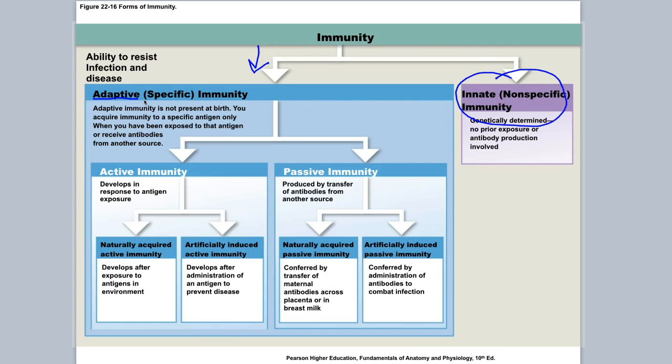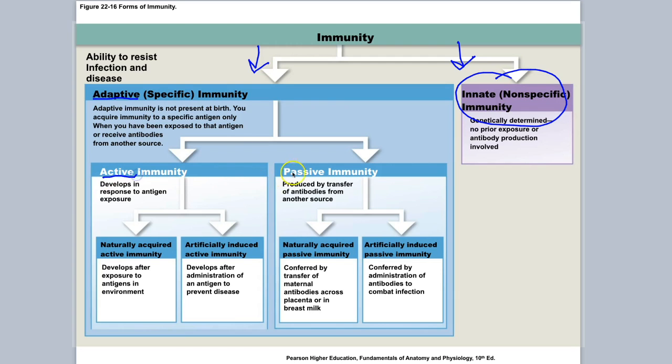So little babies only have this innate immunity over here. Innate means we're born with it. It's intrinsically within us. So this we have from birth, and this one over here, the adaptive immunity, we acquire. Now, there's two types here of adaptive immunity.